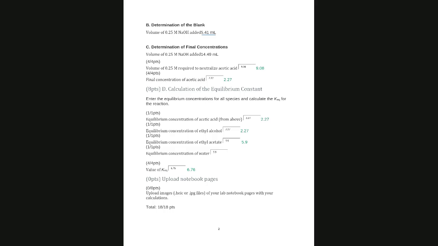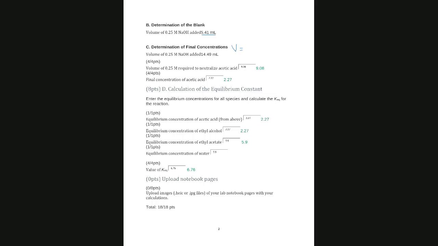And then, in part C, what do you have to do? Same as we did before, but once the reaction reached equilibrium. But what is important here? That the volume that we use is going to be, let me see if they give you that here.